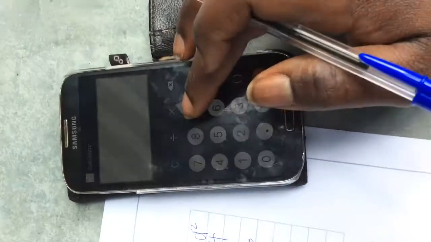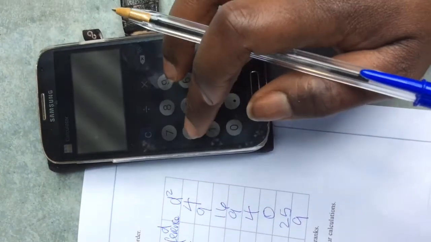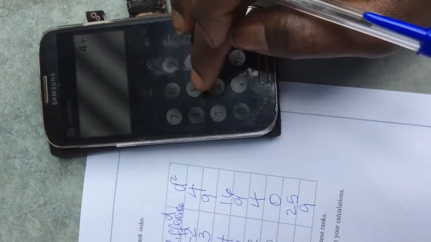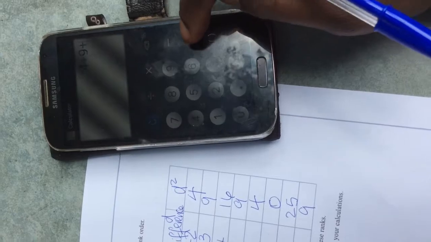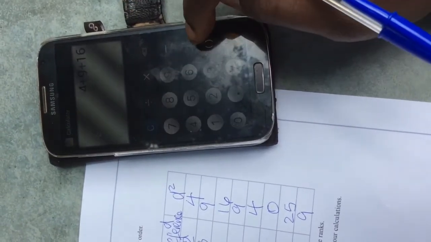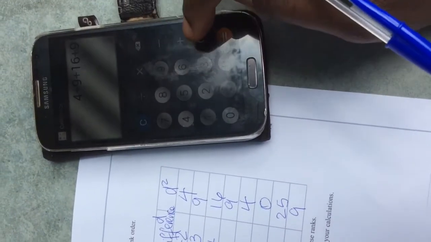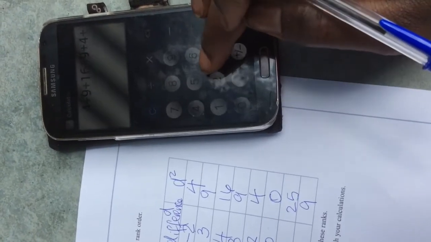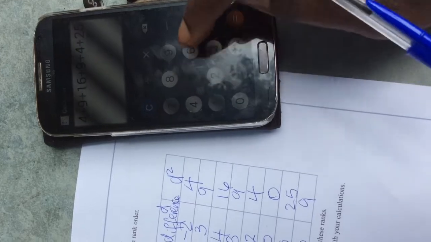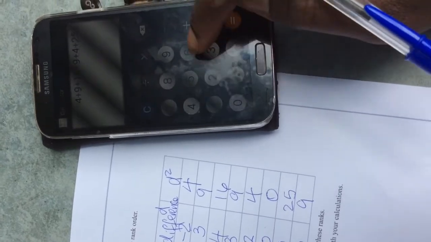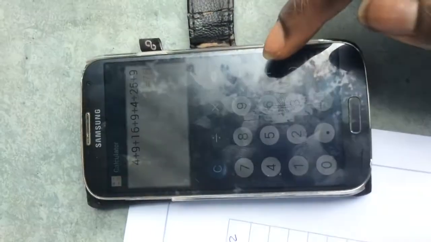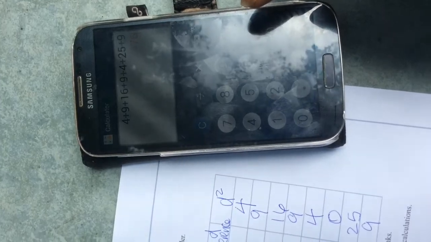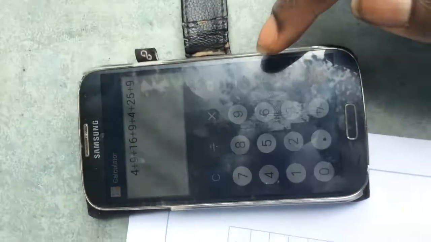So I'm going to opt for a calculator, the one on my phone, and I'm going to add this now. 4 plus 9 plus 16 plus 9 plus 4 plus, well, 0, so we'll leave that, so 25 plus 9 equals 76. Let's just make sure we got all of them. 4, 9, 16, 9, 4, 25, 9. Yep, 76.